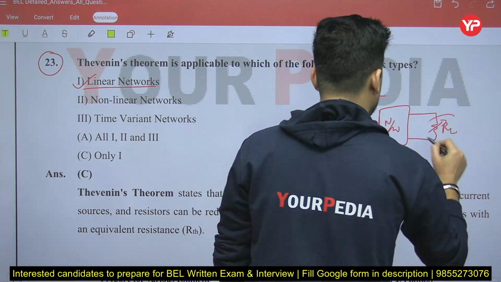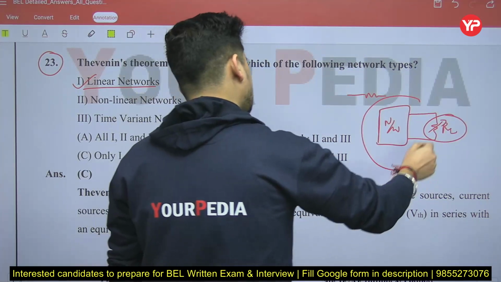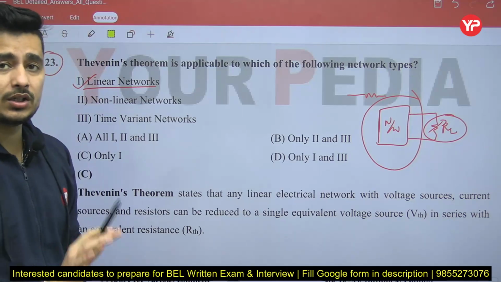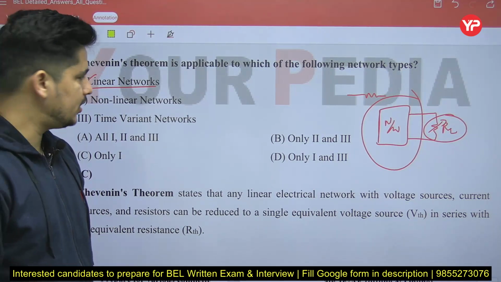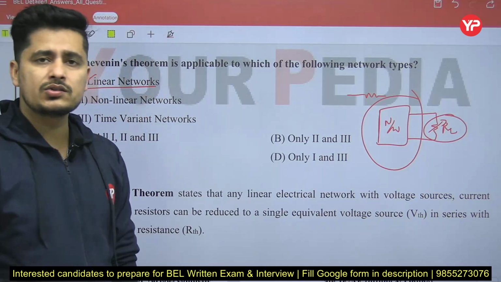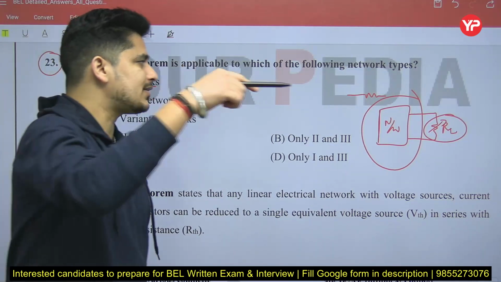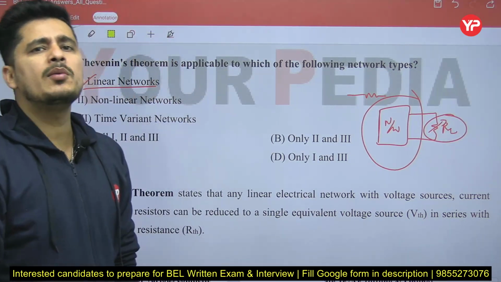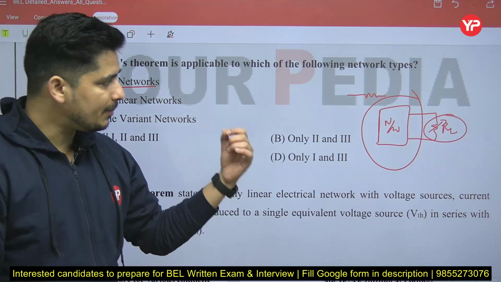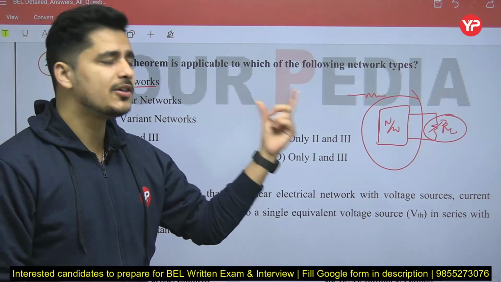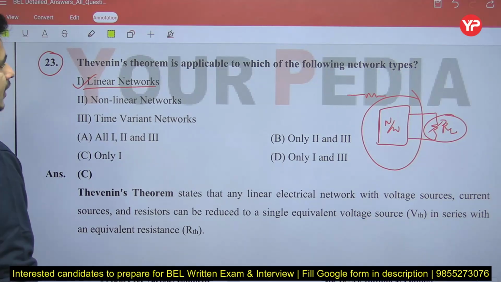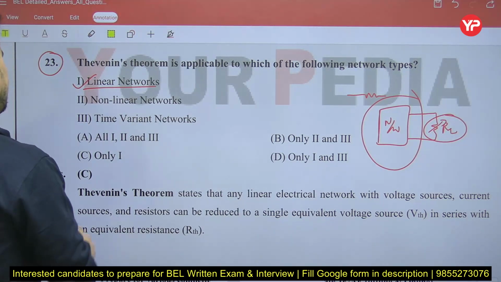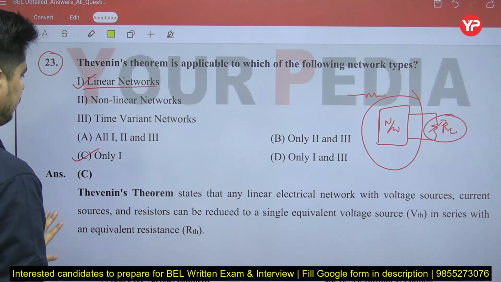If I'm talking about this network, not the load, this network should be linear. For a non-linear network, it is not applicable. If he is asking about the load, it can be non-linear; it can be applicable for linear as well as non-linear loads. But if he is talking about the network, it is only applicable for a linear network. So the answer will be C.